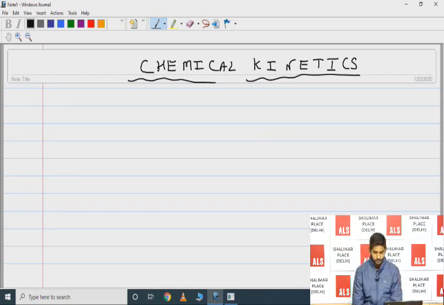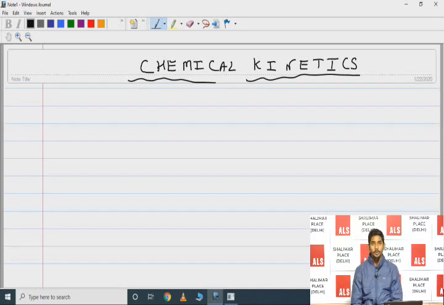Chemical kinetics. Ultimately, what we have to discuss in this chapter. Till now we know that chemical reactions occur, but the question is how fast they can occur, what should be the rate associated to them. Can we predict that if a reaction starts at t equal to 0, then what should be the status of the product and the reactant after 10 seconds, 20 seconds, 10 minutes, 2 hours, 1 year or 100 years.